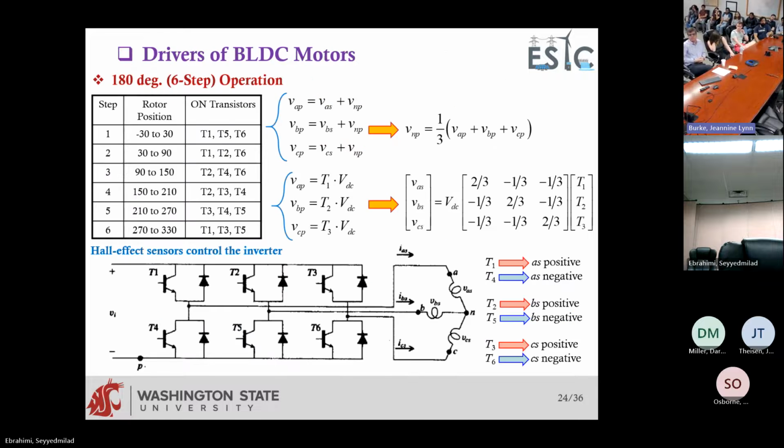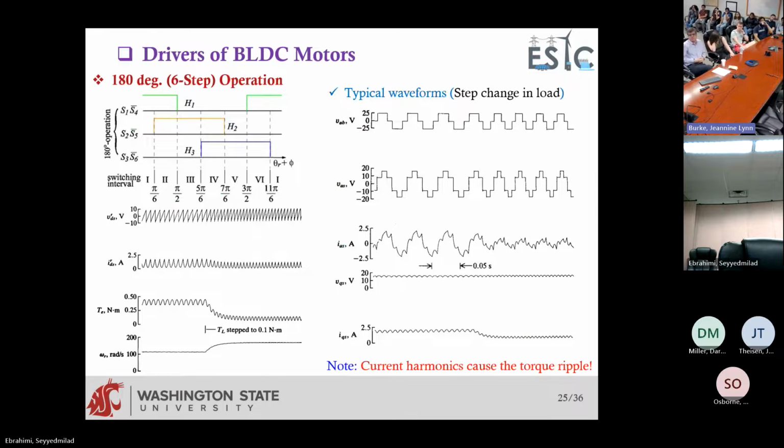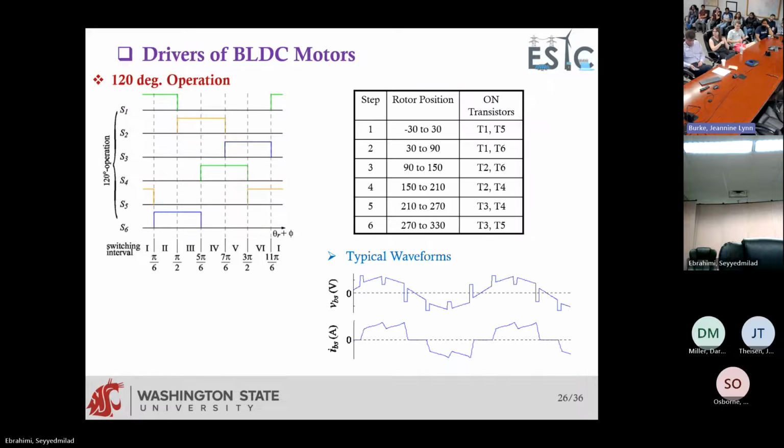So you can expect that the electromagnetic torque is just a scaled version of I_Q. So if you have ripples in I_Q, you'll also have ripples in torque. This is going to be a problem because if you want to have precise positioning, you need to have low torque ripple, right? Otherwise, you'll have a lot of vibrations.